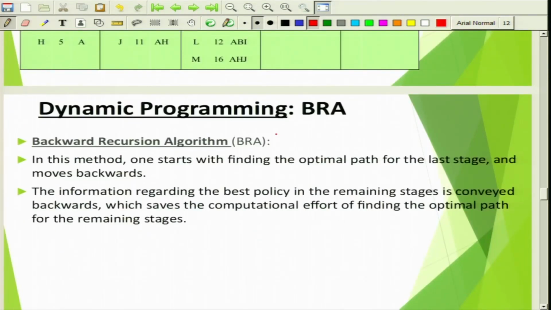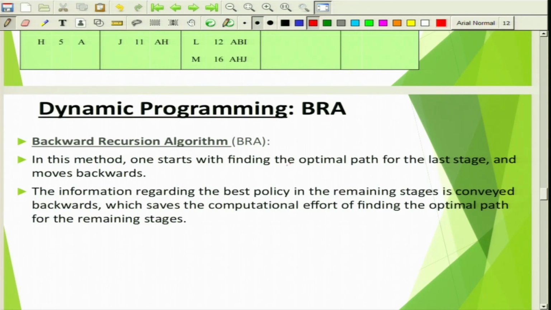Now there is another approach which is the backward recursion algorithm. In this method, one starts with finding the optimal path for the last stage. It is starting from the backward, the last point. It's like starting from the destination, you will reach the source, the starting point.